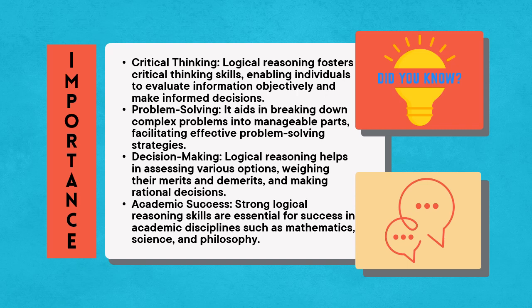So attention is also very important, as it determines which information individuals focus on and process. Effective logical reasoning requires attention to relevant details and the ability to filter out irrelevant information. So that's how you're able to differentiate what is necessary and what is not necessary, and distinguish between both, and you can make more sound decisions, or more sound judgments, or more evaluated and more accurate decisions.